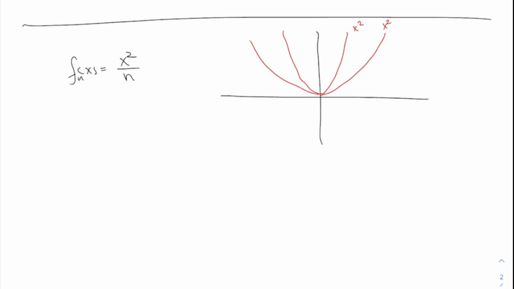This is x squared over 2. X squared over 3 looks like this, and so on. Like that.